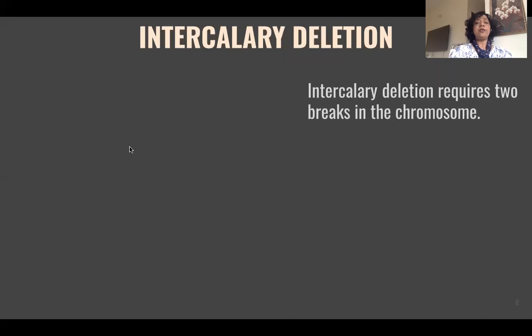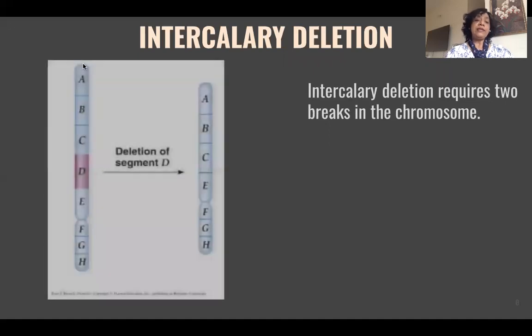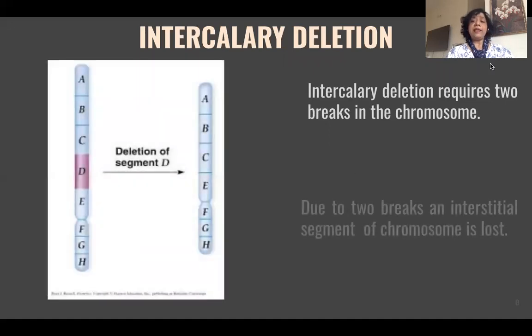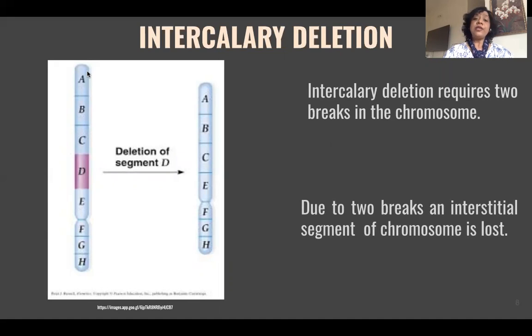Now let us observe this diagram. In this diagram, you can see one normal chromosome. And in this normal chromosome, you can see the genes A, B, C, D, E, and then the centromere.